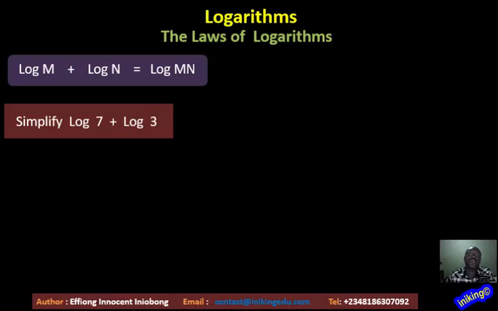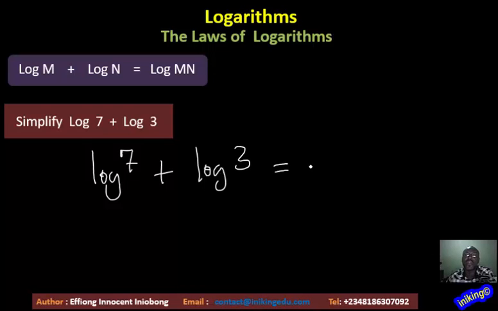Let's look at an example. Simplify the logarithm of 7 plus logarithm of 3. Now we assume that both of them are expressed to the same base. So we have here the log of 7 plus the log of 3. Taking the rule above, the law simply states that we should just multiply.